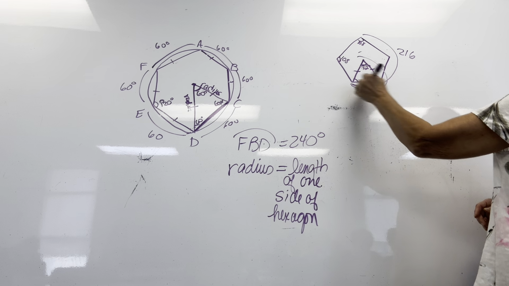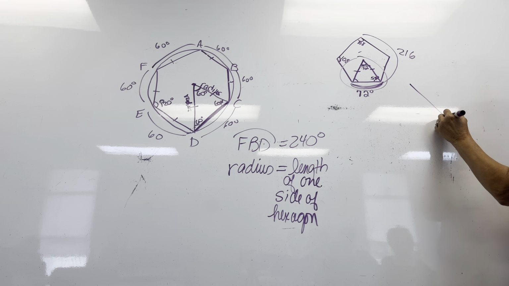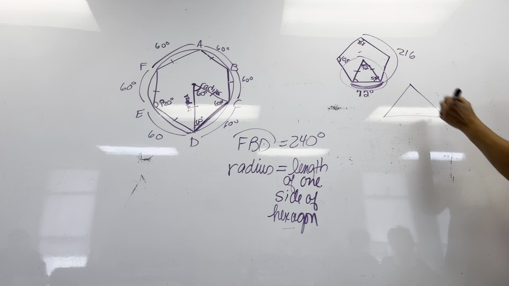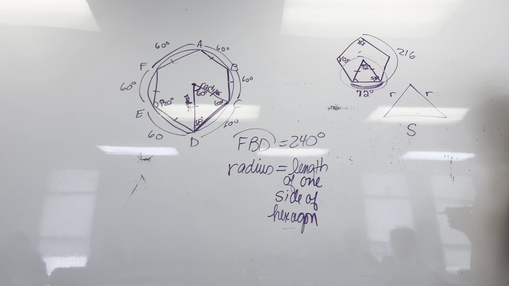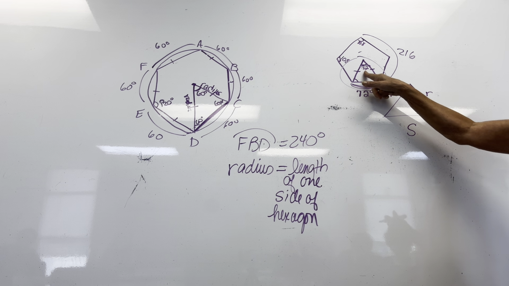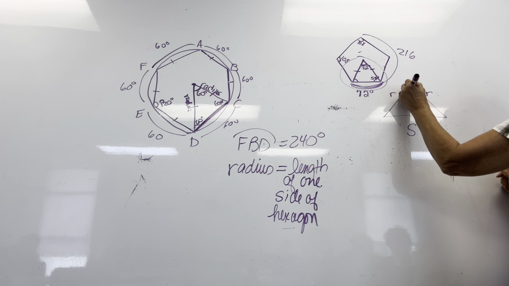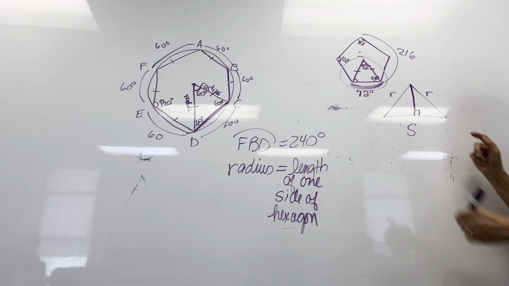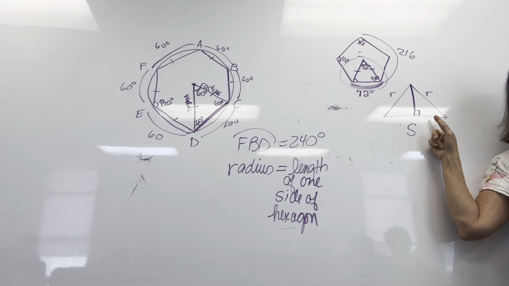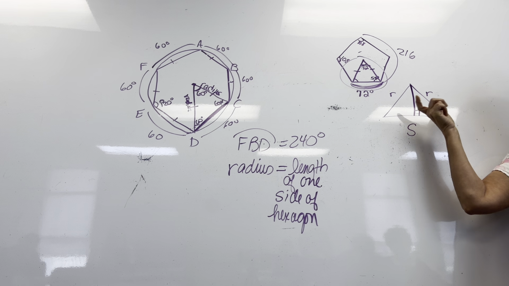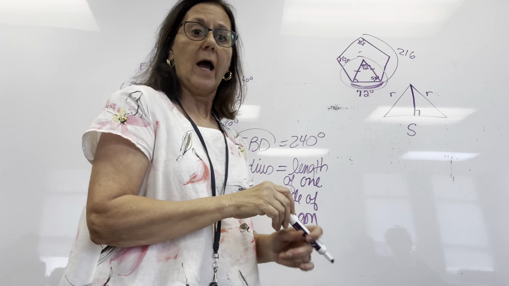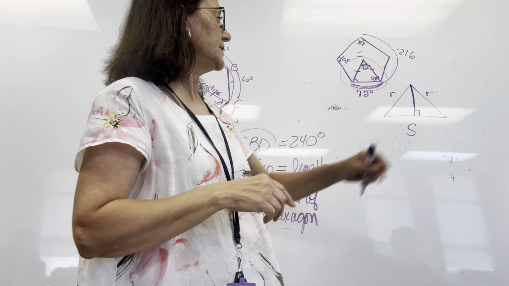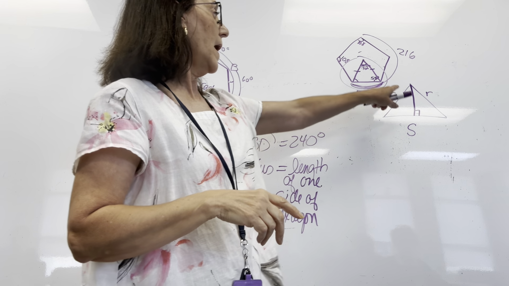All right, now I'm going to pull this triangle out. So that's a radii, that's a radii, that's the length of a side. And if this is 72, if I draw what we've known at this point as an altitude, because it is an isosceles triangle, then it would bisect that angle.